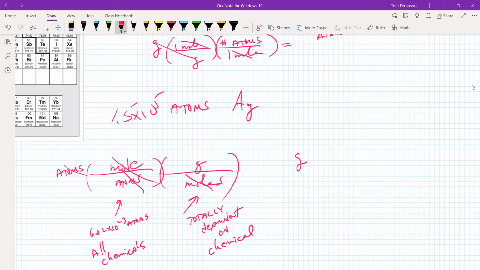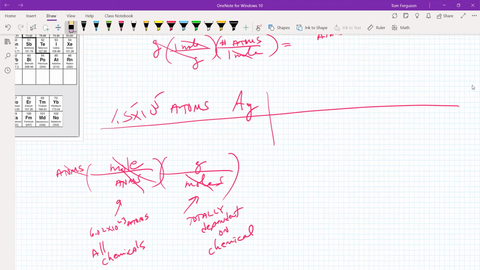Okay, so we have atoms. We want to go to moles. That gives us moles of silver. How do we get to grams of silver? That's through the molar mass of silver, which is grams per mole.